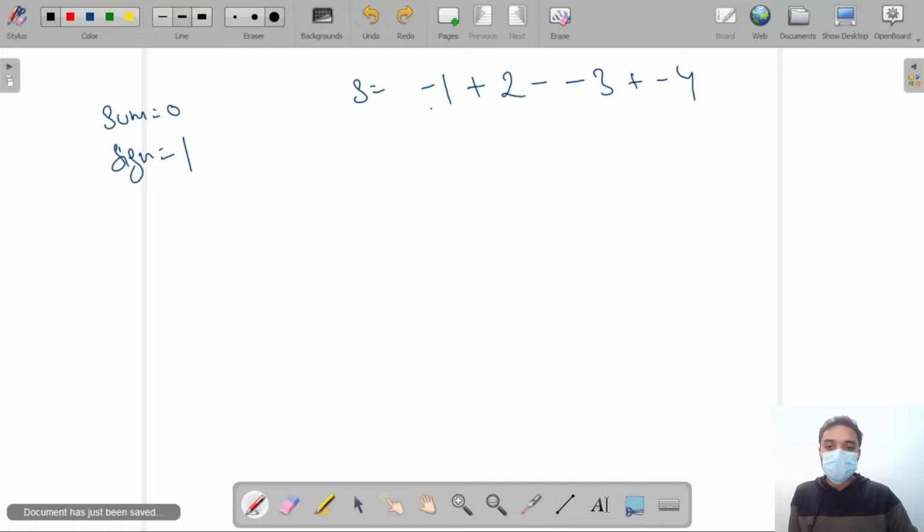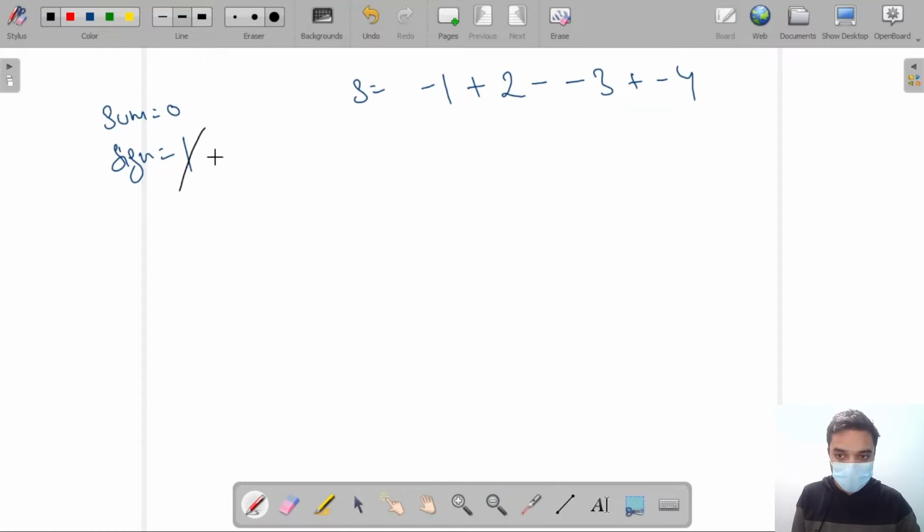Now when I get a minus sign, I am just going to multiply my sign with -1. Let's say my sign was 1 initially. If I get a minus sign, then I multiply my sign with -1, so now my sign will be equal to -1 here.